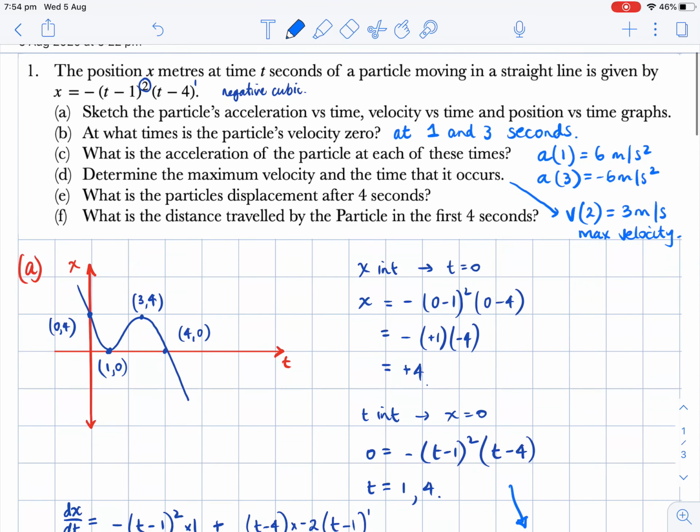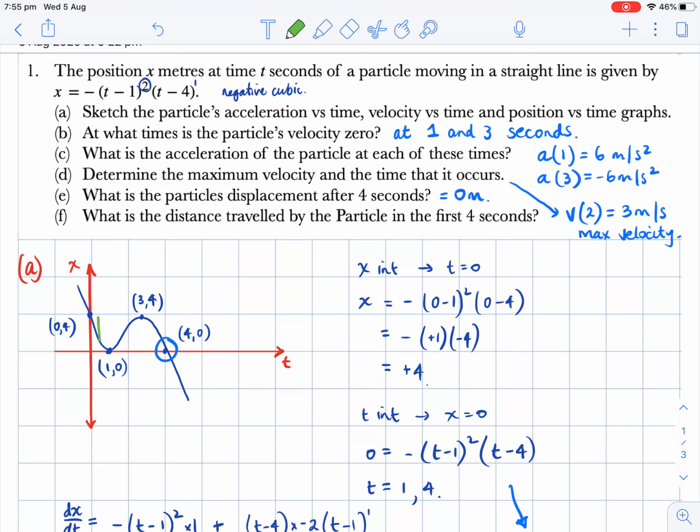What is the particle's displacement after 4 seconds? So part E, here's the displacement after 4 seconds. Displacement equals 0 meters. And what is the distance travelled by the particle in the first 4 seconds? Remember, distance, I have to add up all of the changes in a vertical direction.